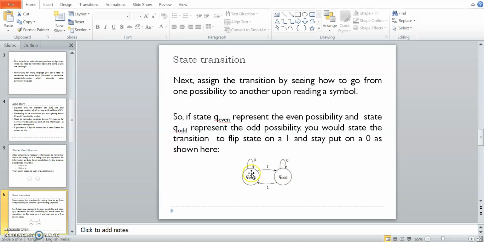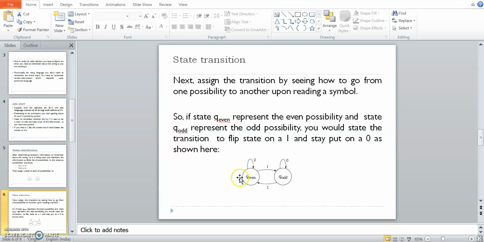It means whenever I'm in Q even, if I see 0 I will stay in Q even, but whenever I see 1 I will switch to Q odd. Again the same rule: if I'm in Q odd and I see 0, I will stay in the same state, and once I get a 1, I will go back to Q even. Now these are the transitions.